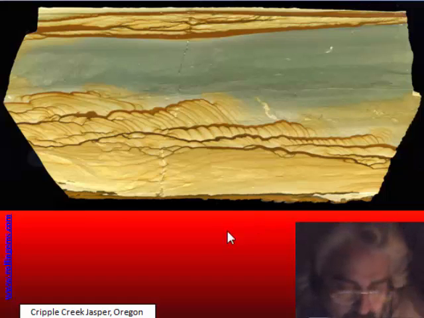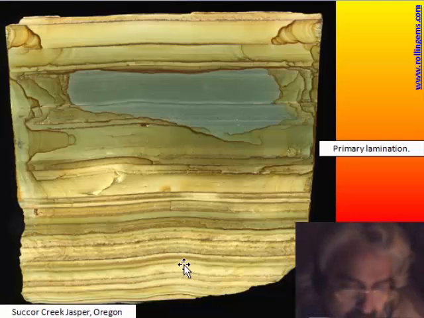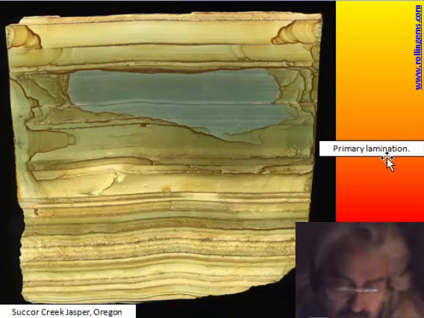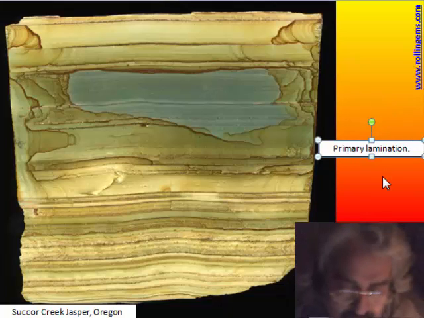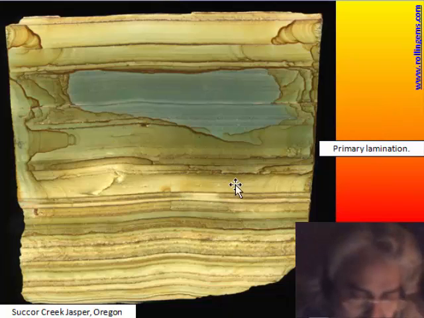And this is the Cripple Creek, this Sucker Creek Jasper. Most come from East Oregon, the Hawaii mountain. And this is very interesting because you can see the primary lamination.